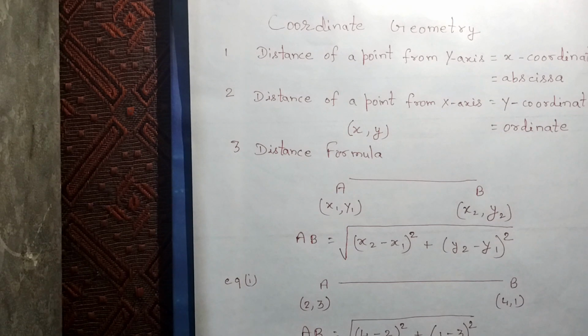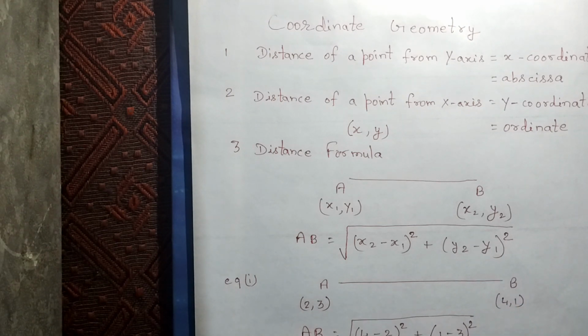First example is, there is a line segment with end points A and B. Coordinates of point A are 2, 3 and coordinates of point B are 4, 1.